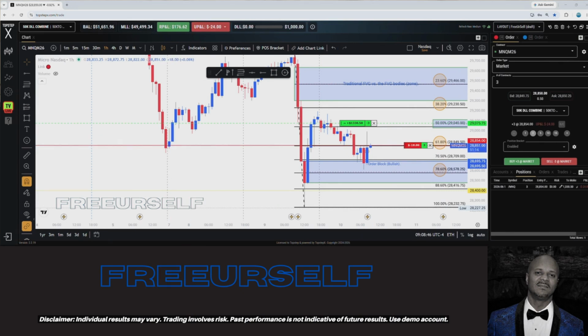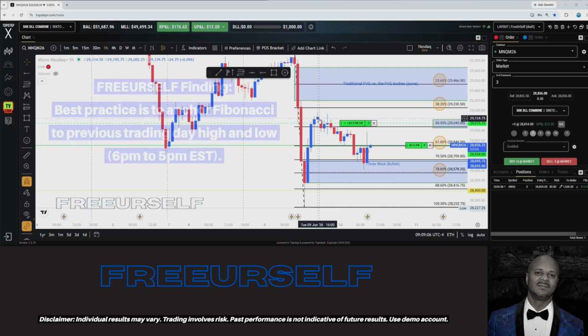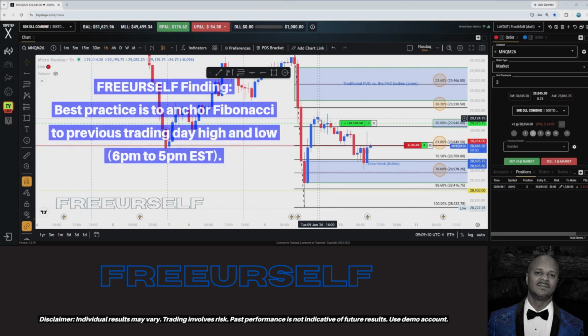So the biggest lesson I learned over my 10 years of trading, or one of the biggest lessons, is if you anchor the Fibonacci to the previous trading day's high and the previous trading day's low, the numbers are much more meaningful. And when I say the trading day, I don't mean the calendar day from 12 a.m. to midnight.